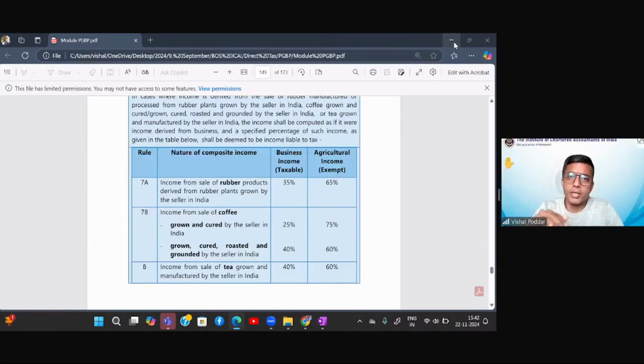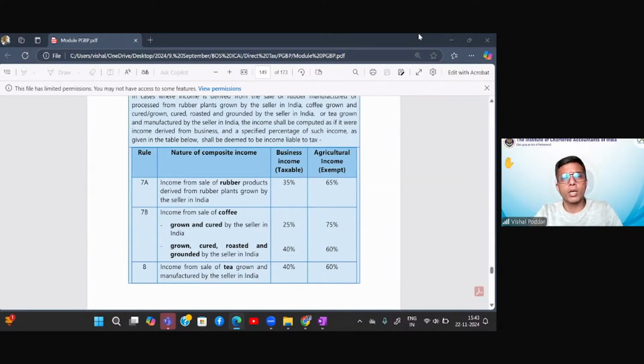Now, when Tata or Red Label or Brooke Bond is preparing its P&L, it has only one sales on the credit side, that is sale of the final manufactured product. But on the debit side, it has expenses of agriculture also, and it has expenses of factory also, because it is doing both the activities combined.